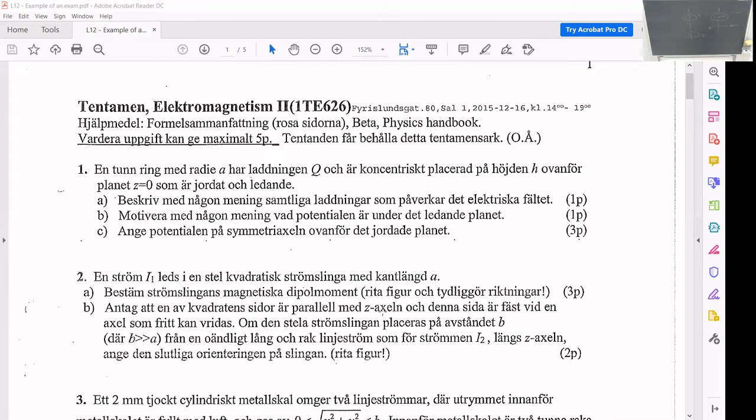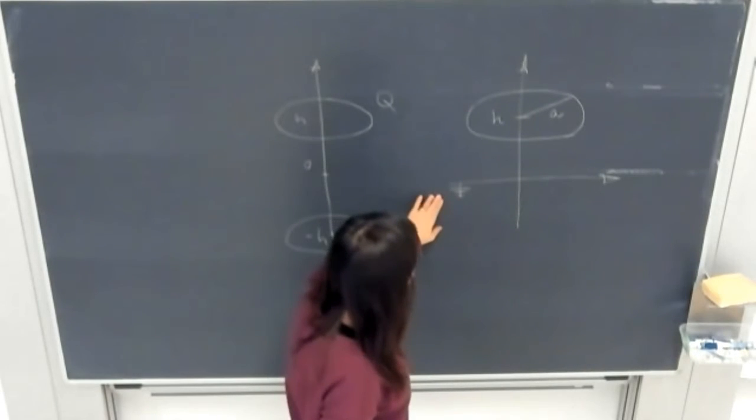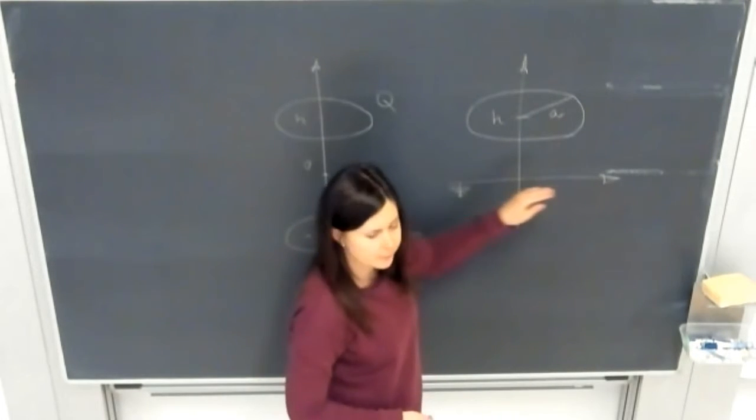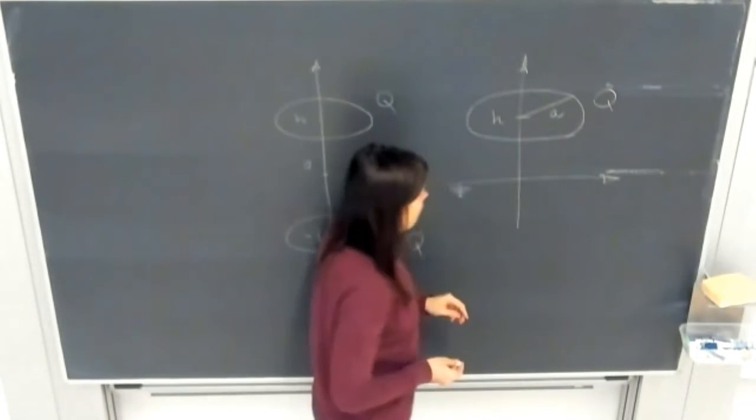So let's see the figure. On this figure is presented the charged plane and the charge q on the ring.